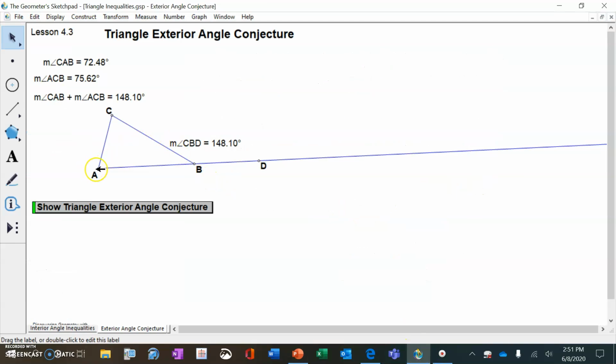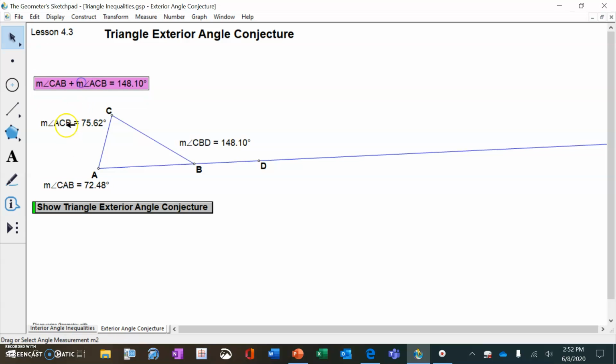And here is triangle ABC. We extended this side AB so that it goes out here with a D on it. An exterior angle is formed right in here, and we measure it. So this is the measure of this exterior angle, CBD. Then what if I measure CAB, which would be right over here, and ACB, which would be over here?